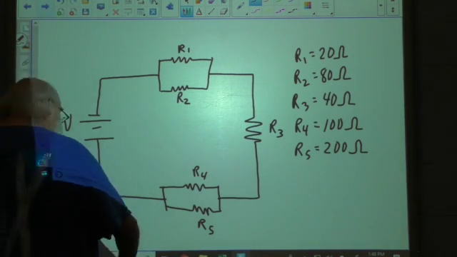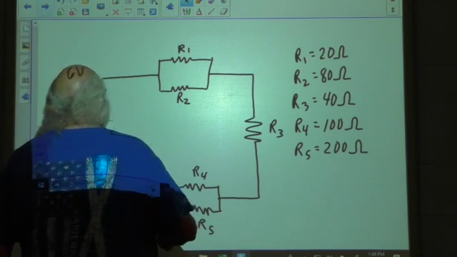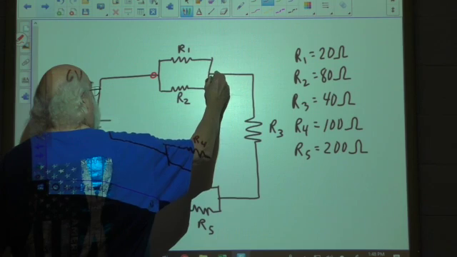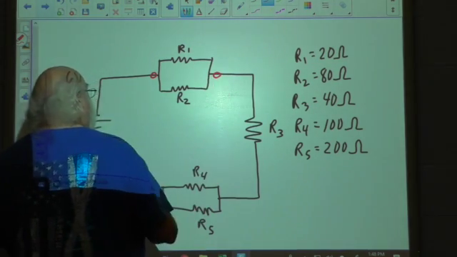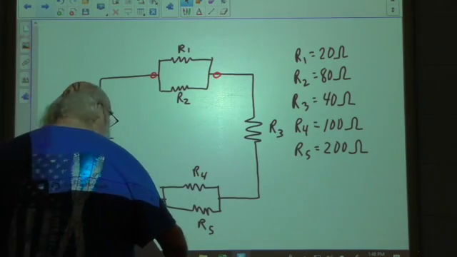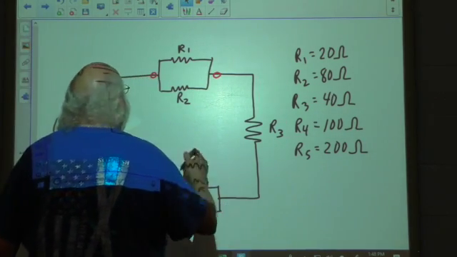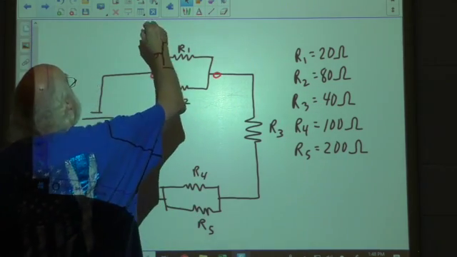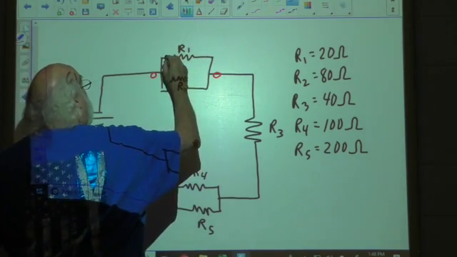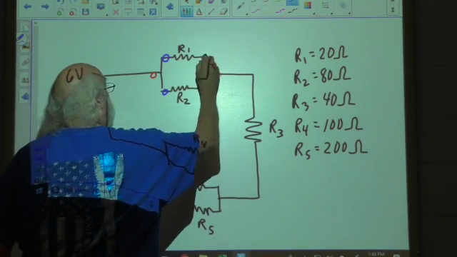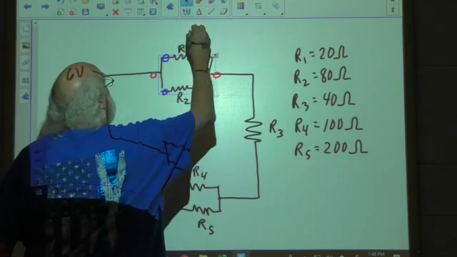So again, electrons go through here and end up over here. Voltage drop for this system. We have two different current drops here. Here, and here, coming out here, and here.